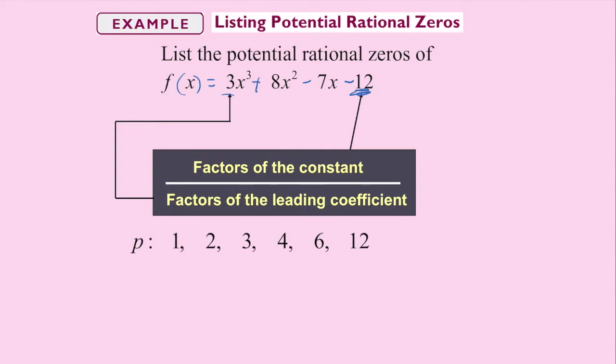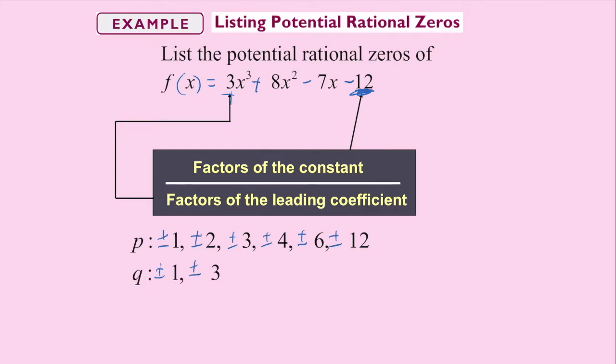So my possible p's, which are the factors of 12, are plus or minus 1, 2, 3, 4, 6, and 12. And what are all the factors of q? Well, the factors of 3 are only 1 and itself, as 3 is a prime number.